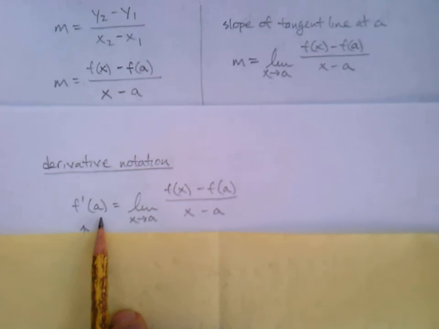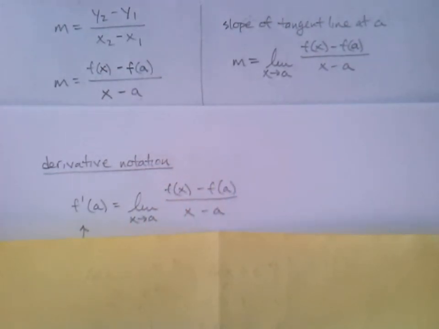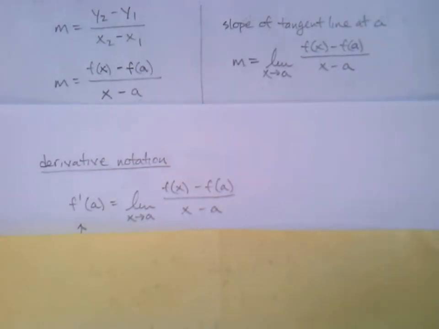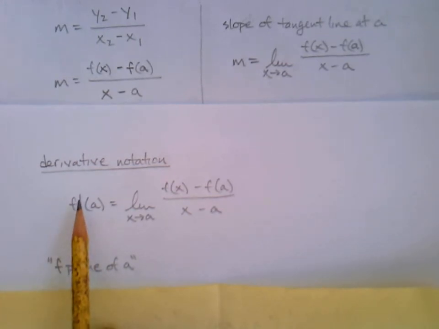Also, there's a way of writing it. We don't say m. It is the slope of a line, but we're not going to use that. We're going to use this notation here. This is kind of bizarre if you've never seen it before. It looks like f of a, but then there's a little tick mark up above, like an apostrophe, called a prime.